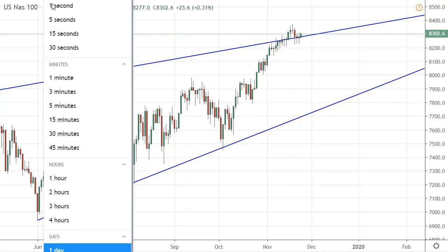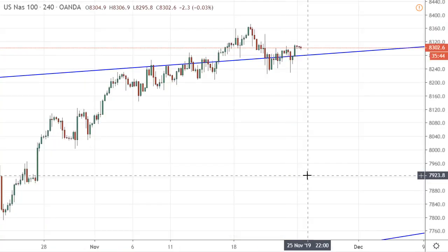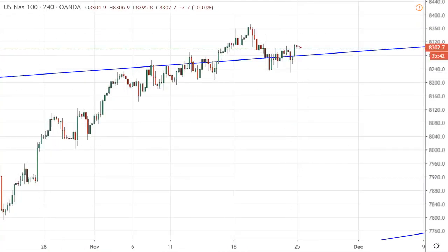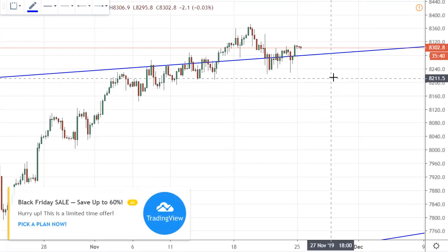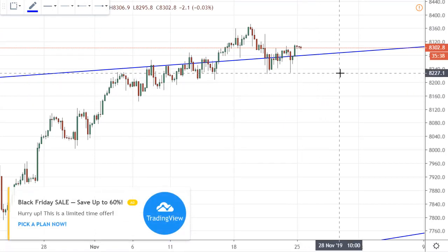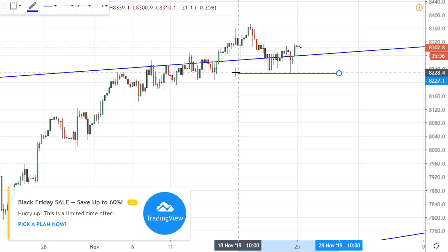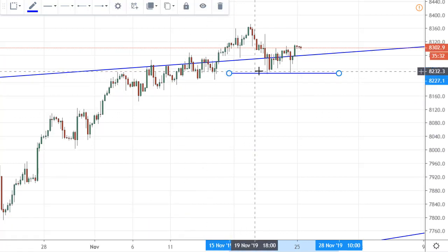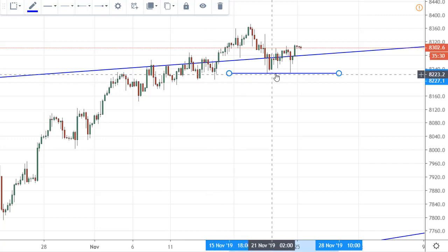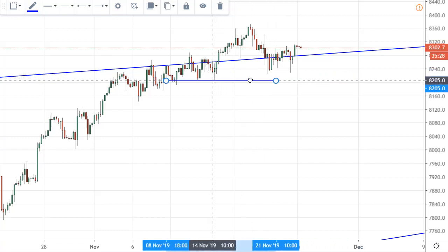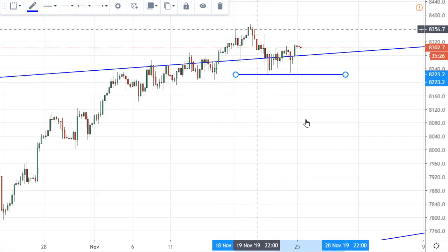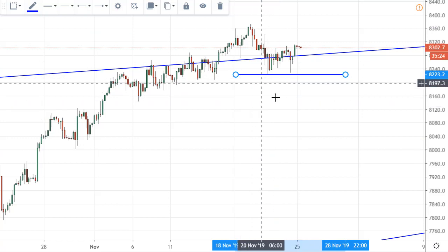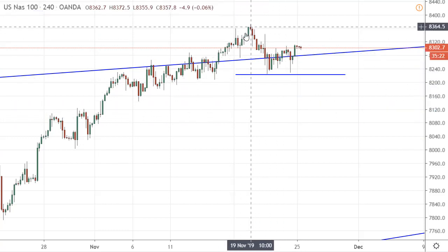So on the daily, we know this now. When we zoom in, we of course can see that we are having some kind of support at the moment at this level. If it breaks, we also get this level over here a little bit. So we really need to get some confirmation of that move. This was the top.